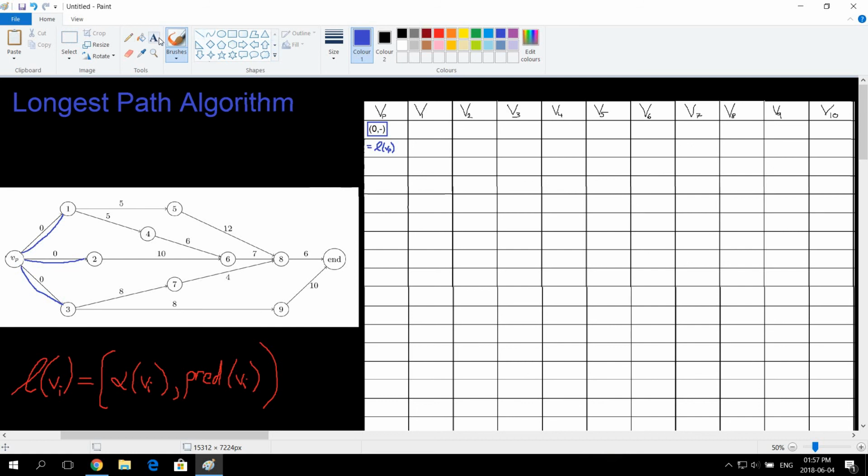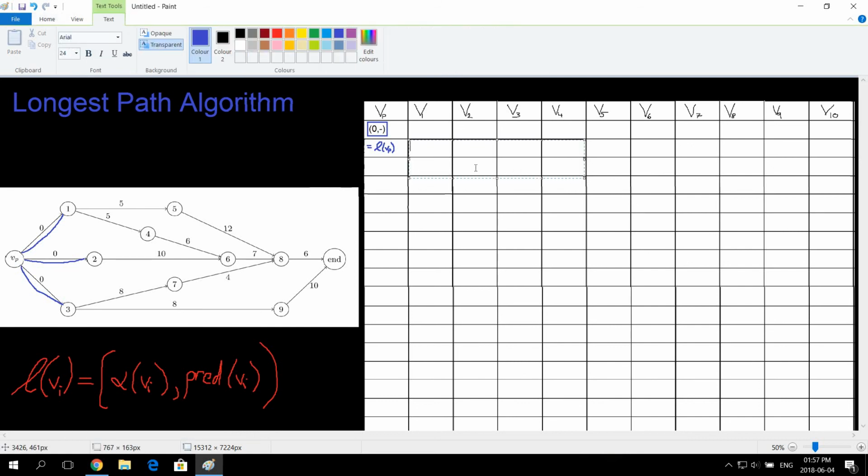So let me just get this out. Yeah, so we got the first one. It's going to be the black. First one's going to be naught because to get to V1, it costs naught. And the previous vertex was V1, or sorry, VP. It's the same here. 0.